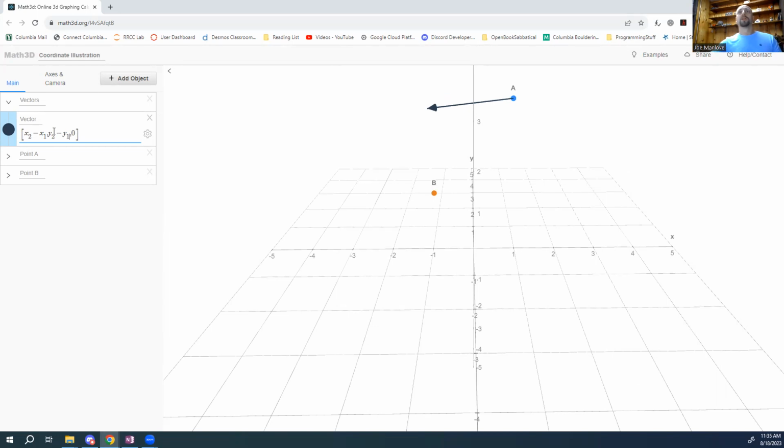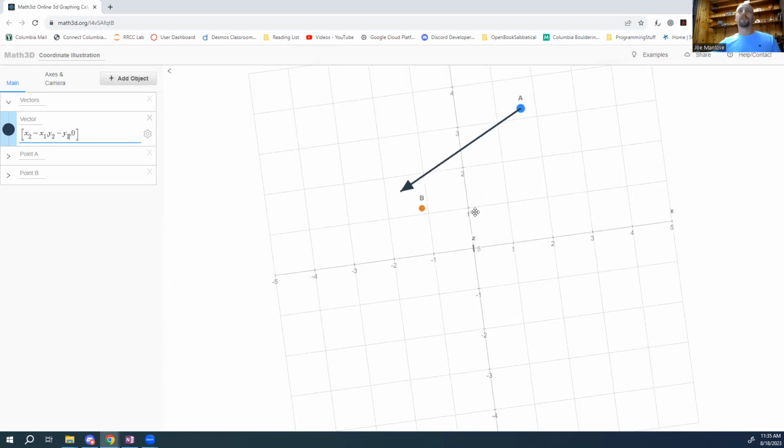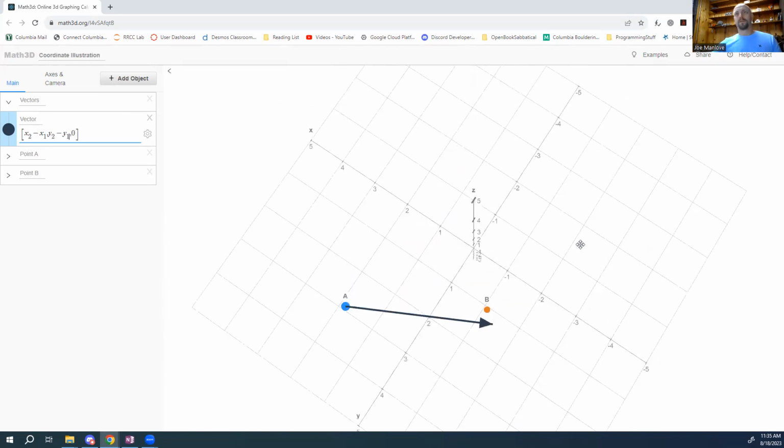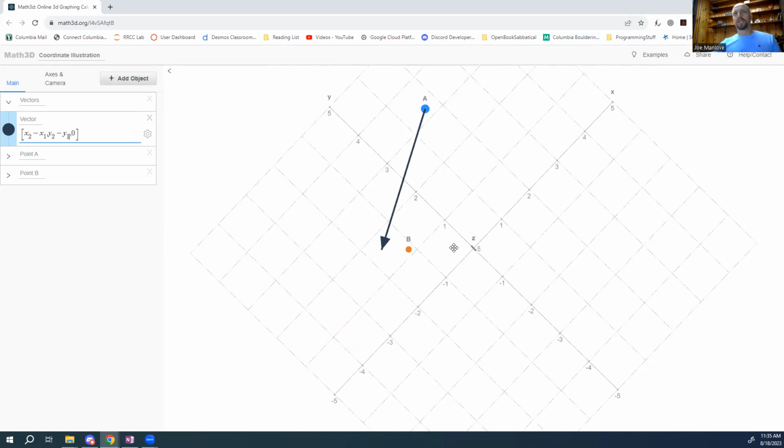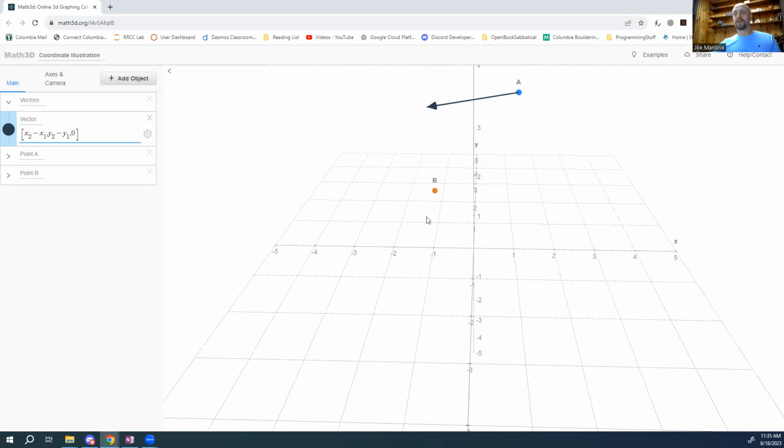Okay, so now we've... That looks a little off, but I think it's just the perspective. Okay. And then our z component should be z2 minus z1. Hey, that's looking like the ticket.